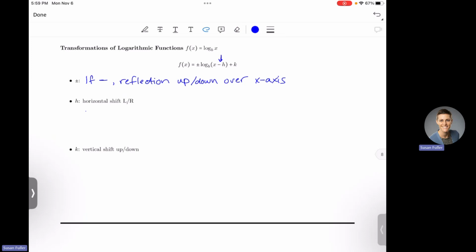So if we have a negative h, if we're subtracting a number inside, that's actually going to shift us to the right by h units. And if we add that number h inside with x, this is going to shift us to the left by h units.